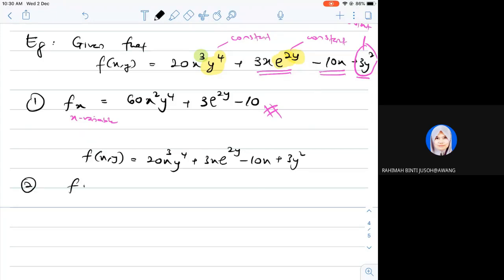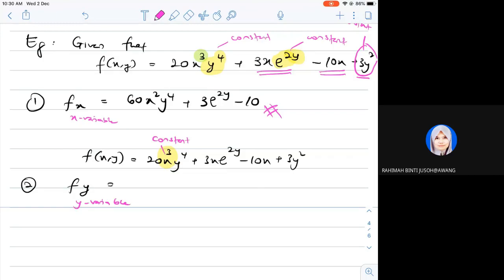What is the variable now? Yes, y is the variable. Always bear in mind, you only differentiate with respect to y now, so whatever is other than y is a constant. When we differentiate with respect to y, x becomes a constant, so now this becomes a constant.